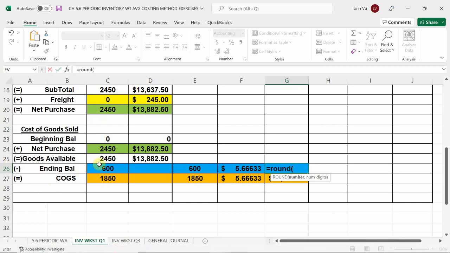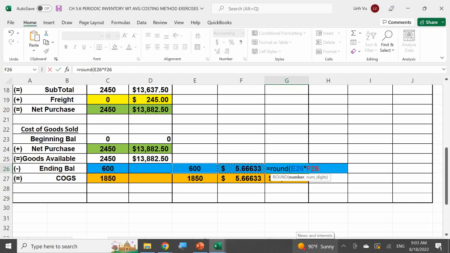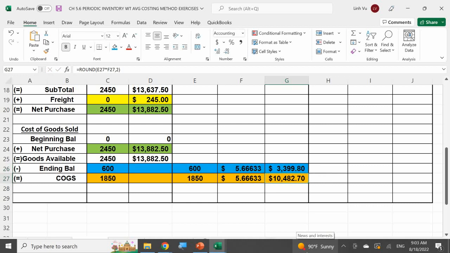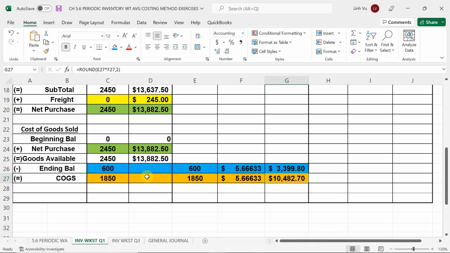We want to know what 600 multiplied by that 5.66633, and because I want it rounded to the nearest penny, I end my argument with a comma, I'm going to type in 2 because I want it rounded to 2 decimal places, and I can safely enter, and I get $3,399.80. And does that equal this? Yes, it does.